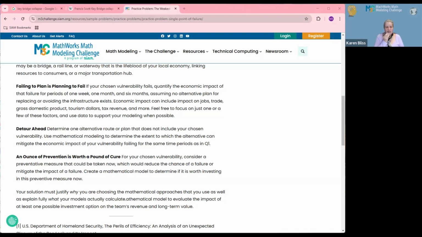And anything works, like throw anything out in the chat. So we're going to try and come up with a plan and model the extent to which that can mitigate the economic impact. What sorts of things would you want in a model that would talk about how to mitigate the economic impact if you had an alternative plan?